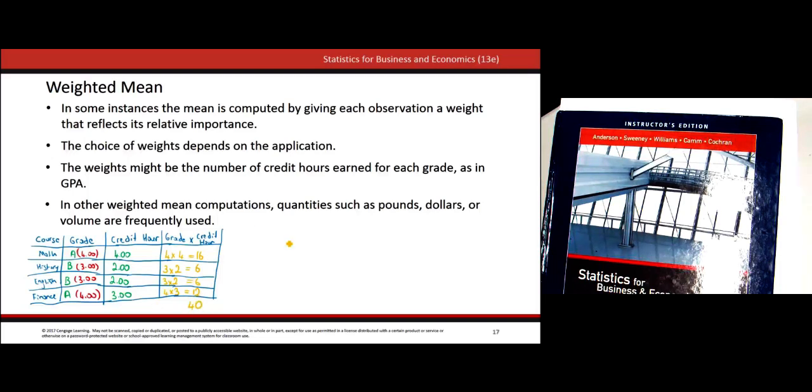Now divided by what? So how do we calculate the GPA? Now 40 divided by total credit hours, which is 11.